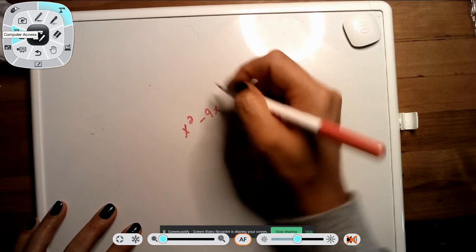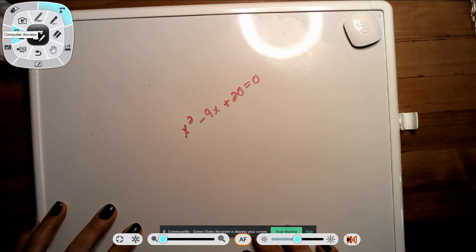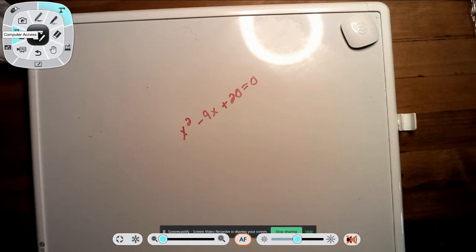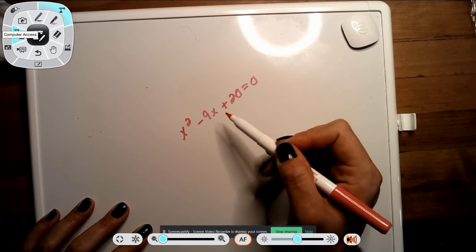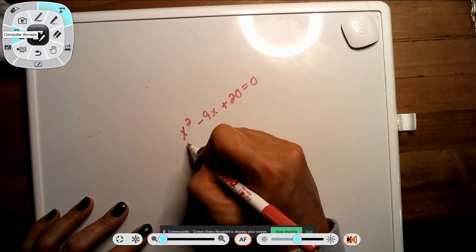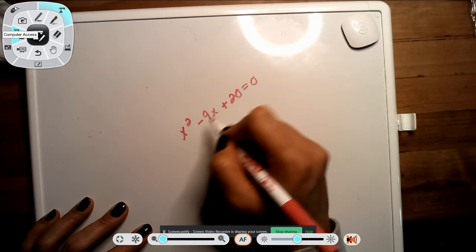Okay, one more. I have x squared minus 9x plus 20 equals 0. Now this does not look the same as our other ones. However, we just spent a whole learning target learning how to make this expression into factored form. This is why I told you before that factoring is not going anywhere. I look through my problem.